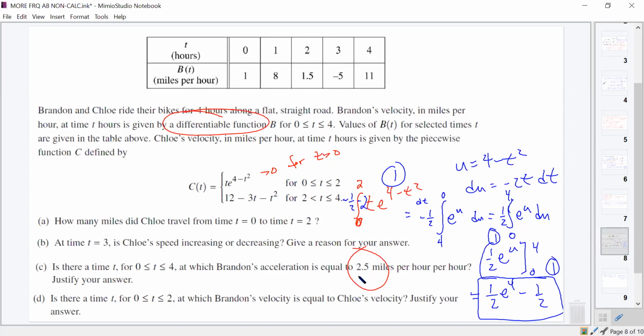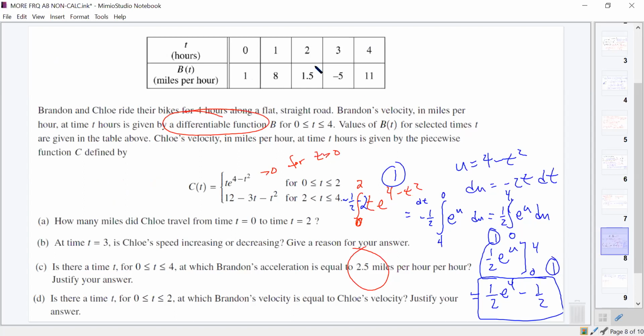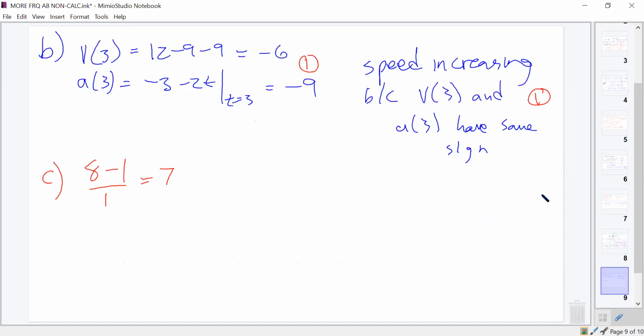So if I look at these slopes here, we probably have to just show them all until we find one. 8 minus 1 over 1 equals 8, right? No, equals 7. I should probably subtract the 1. Equals 7. Then 1.5 minus 8 over 1.